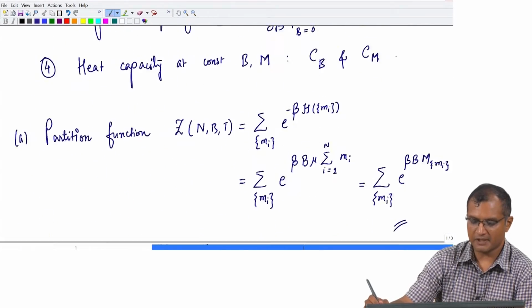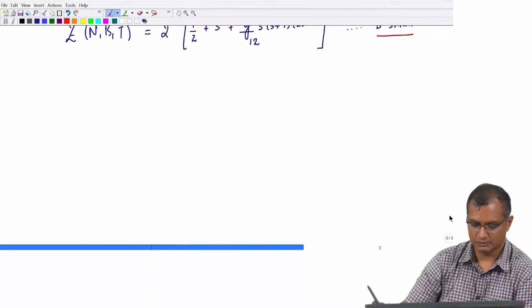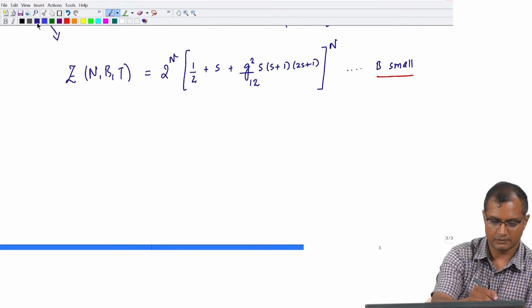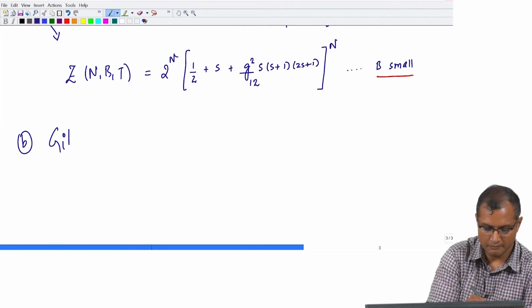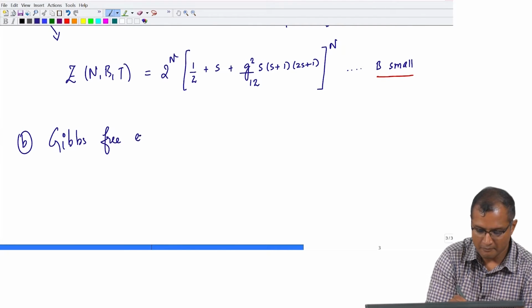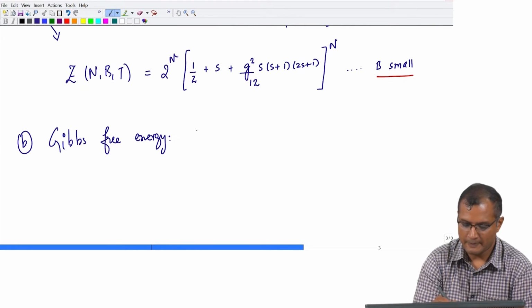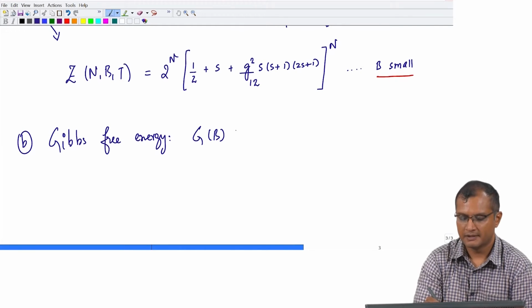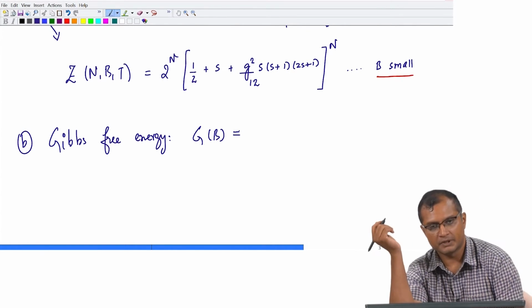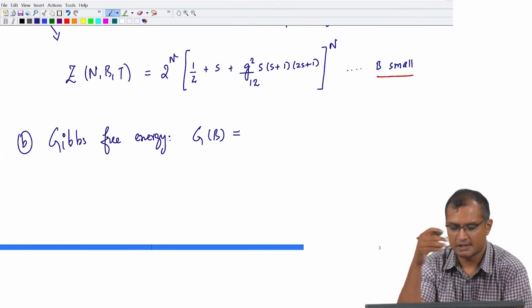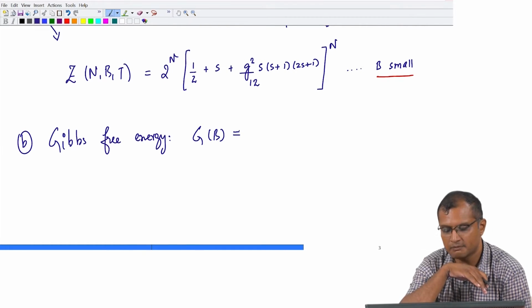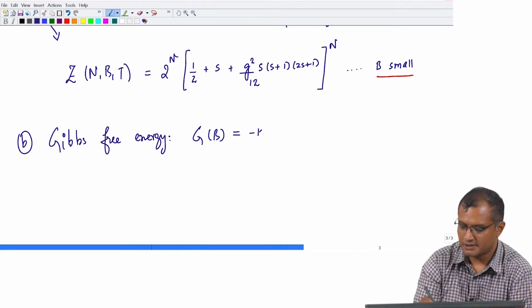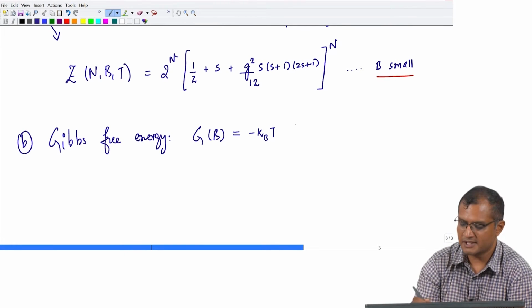The Gibbs free energy, as we know, will now be a function of the field, and we know from the statistical mechanics discussions that there is a bridge between the microscopic world and the macroscopic observations, and that bridge gives us the value of the Gibbs free energy as minus kT ln our partition function.